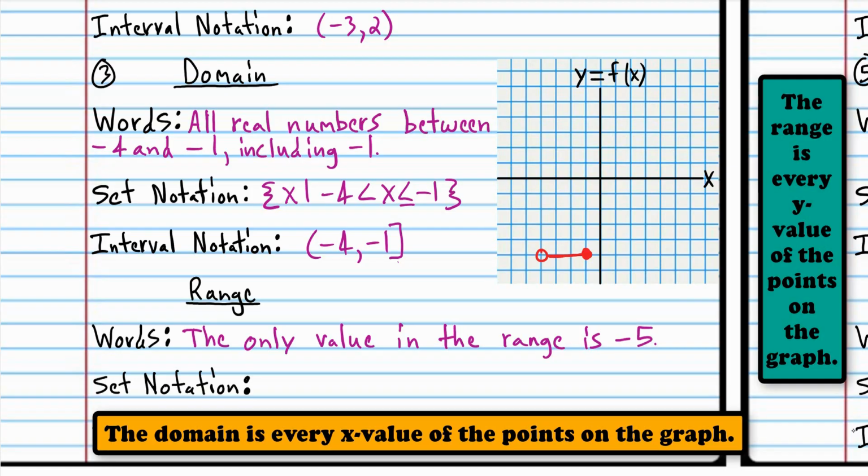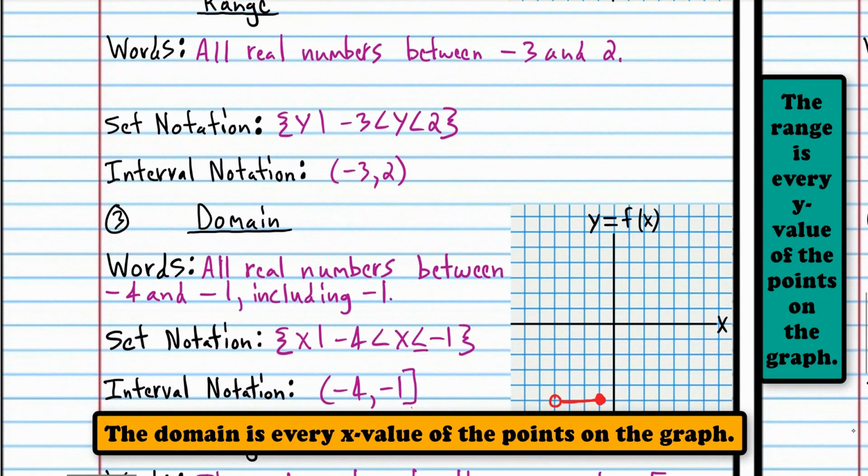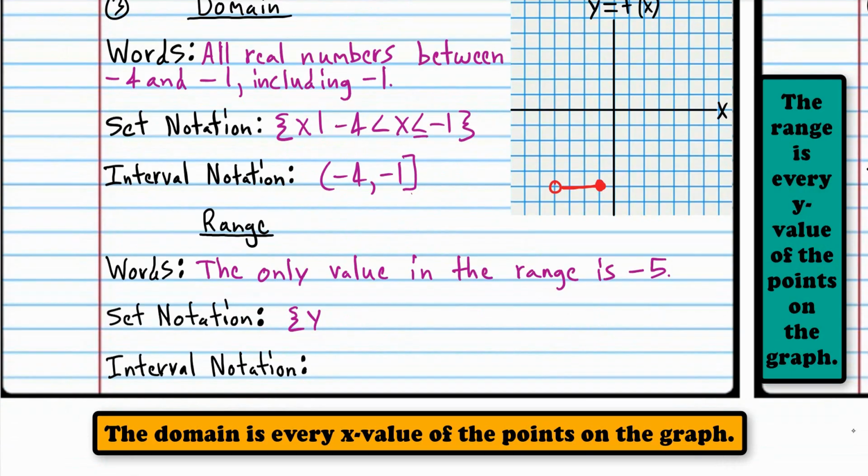So in set notation, we say the range is the set of all y values. We use y because we're finding the range. The range is the set of all y values such that y is equal to -5. So the restriction on the range is that y must be equal to -5, which means it can only be one number.